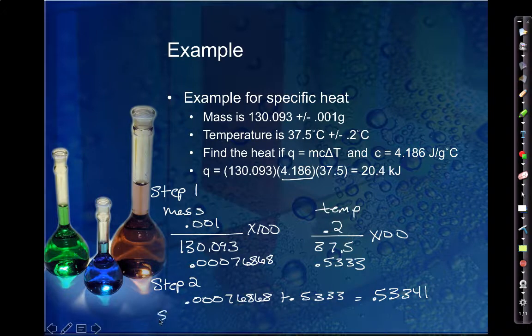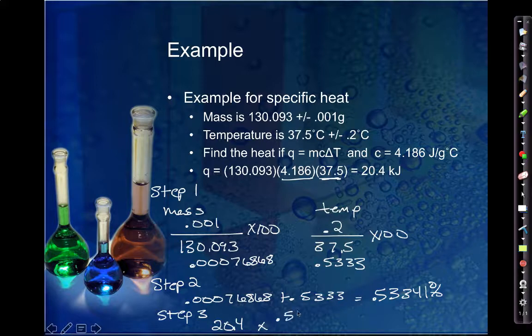All right, so the next part, step 3, well, the calculation's already done for you. It's 20.4, and that's also rounded to the correct number of significant figures, which is 3. So now let's go ahead and take this 20.4 and multiply it by our percentage as a decimal.